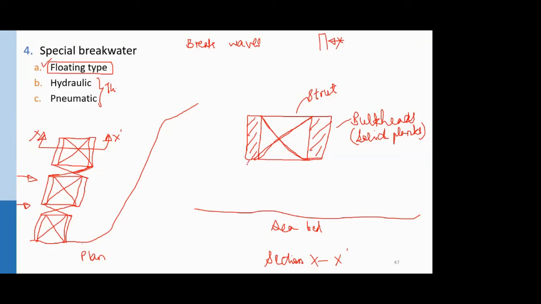So for that, what we need to do is anchor these bulkheads, and that is done with the help of ropes. Okay, so these are the anchoring ropes. These ropes are not the usual ropes that you use in your household, but these ropes are very heavy.